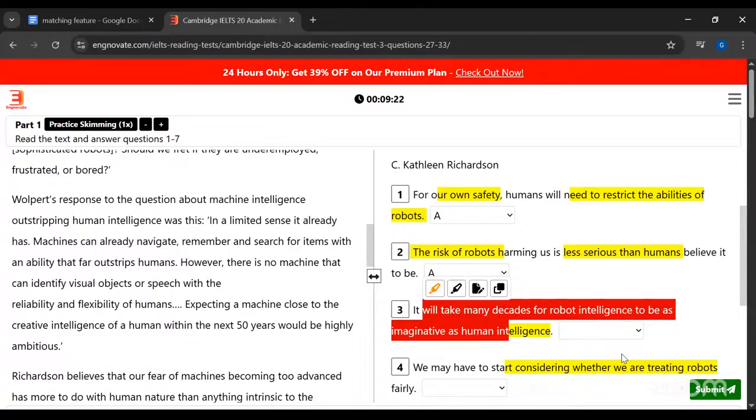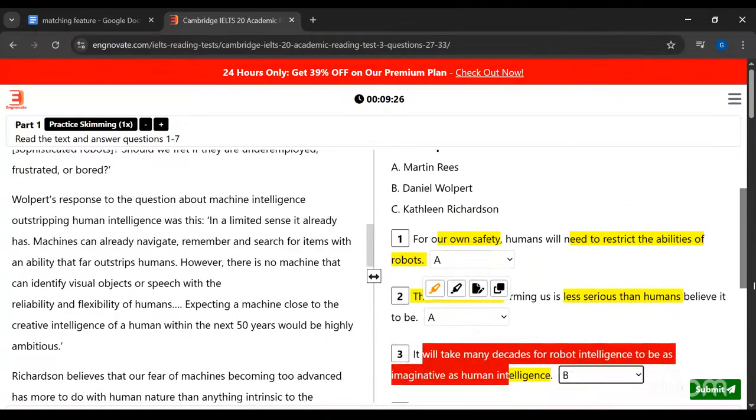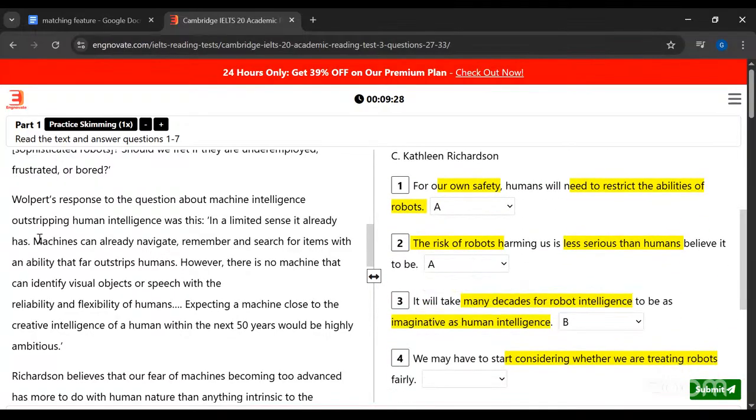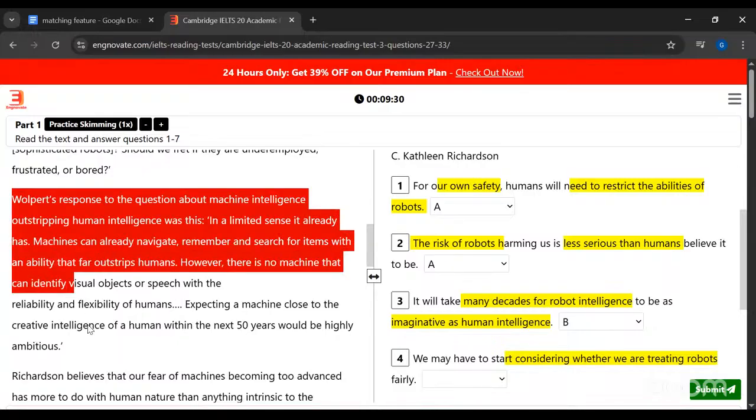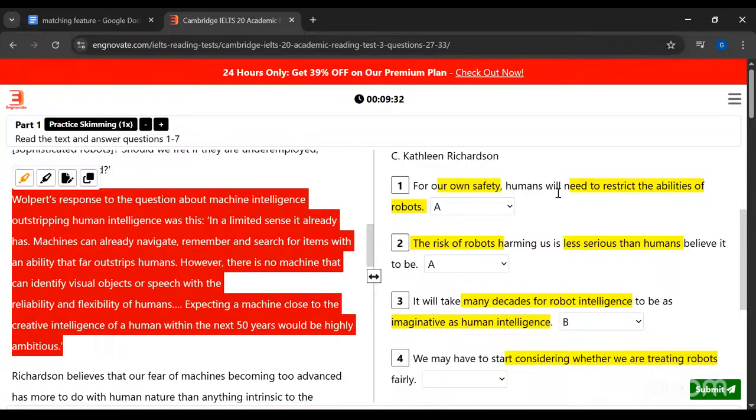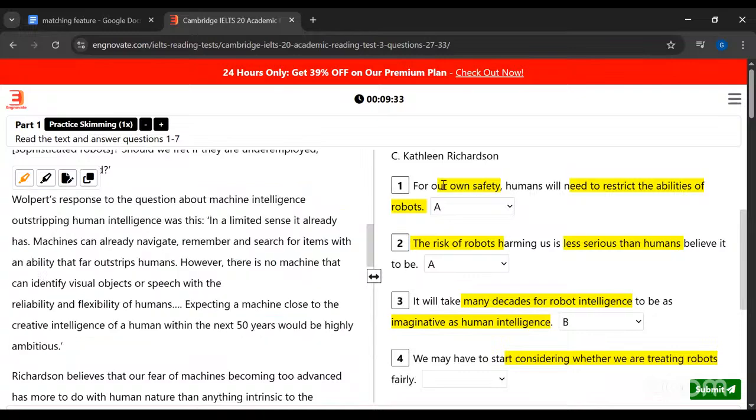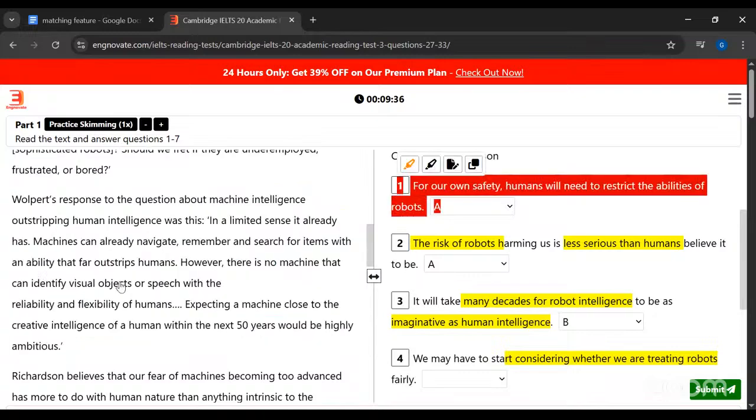Am I right? Volpert. You can choose B. Okay. So I think all these things are positive. I'm not getting any negative things to restrict something, am I right? Yeah. You can have that idea.